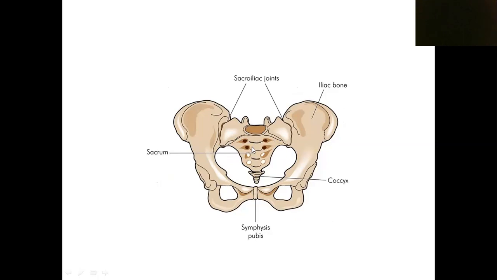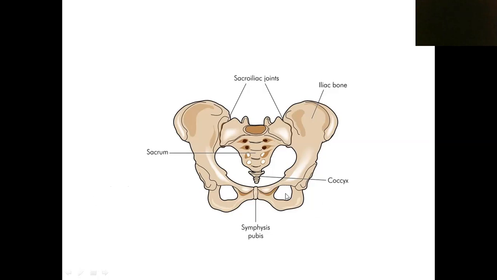Let's see the points once again. First, the pelvis is narrow in males and broad in females. The subpubic angle is 90 or less in males and more than 90 in females. The ischial tuberosities are widely separated in females and close in males. The ischial spines are widely separated in females and close in males.